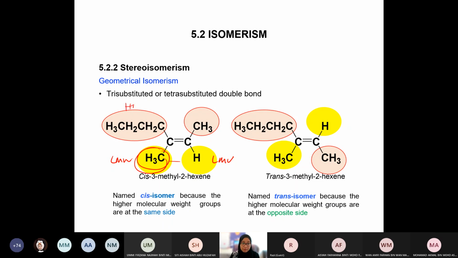If referring to high molecular weight, it is at the top, but on the same side. When on the same side, it will be cis.